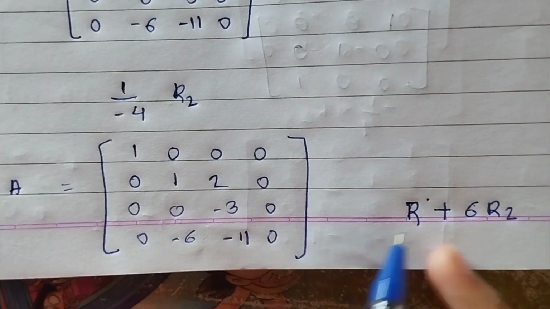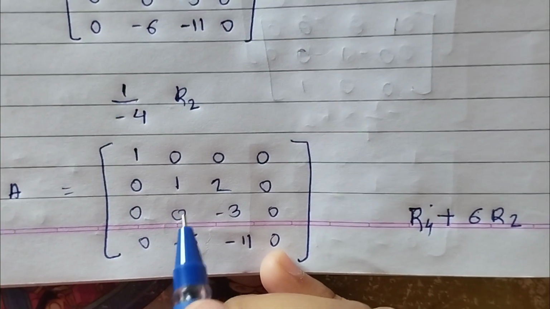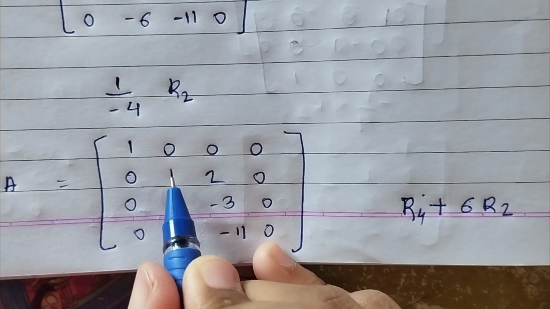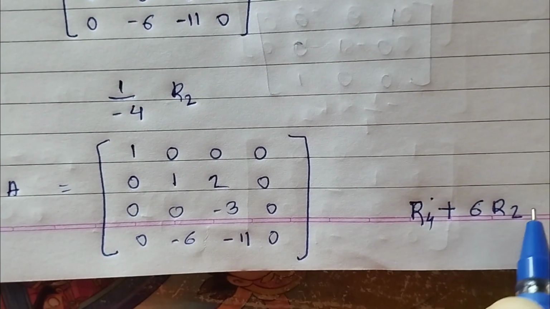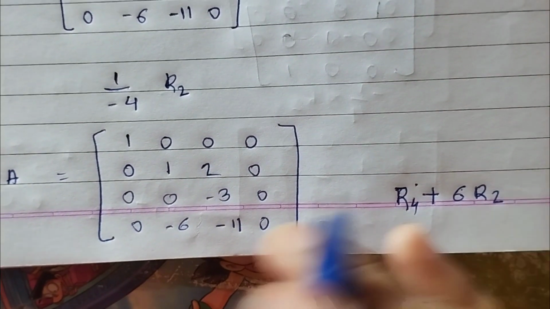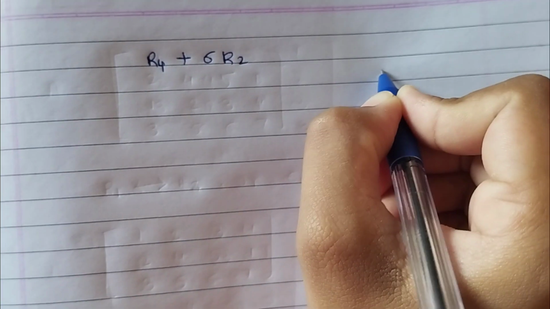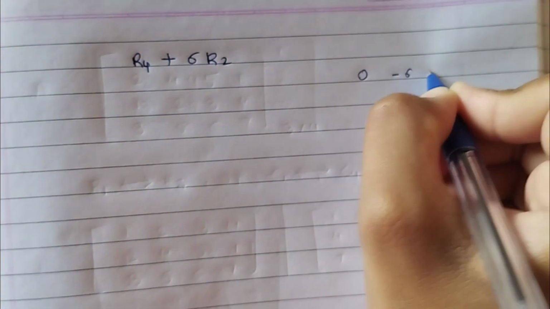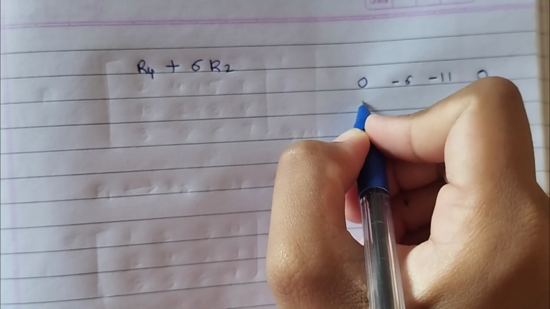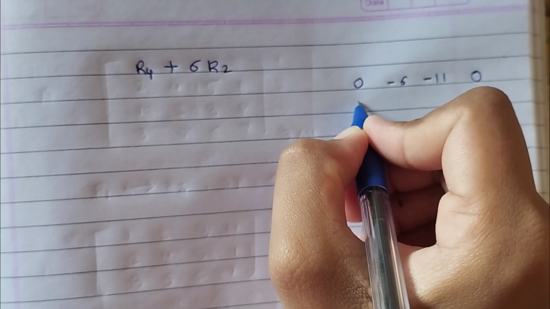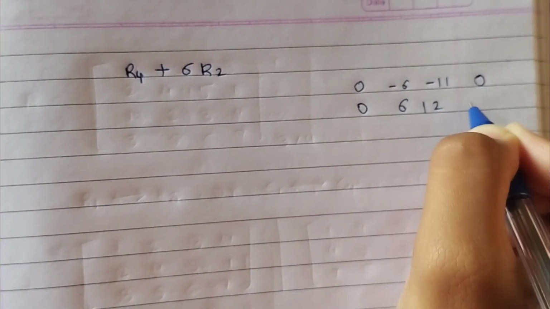If we perform this operation, R4 has -6, plus 6 into 1 is 6, so -6 plus 6 gives 0. So R4 is 0 -6 -11 0, and we multiply the second row by 6, so 0 6 12 0.